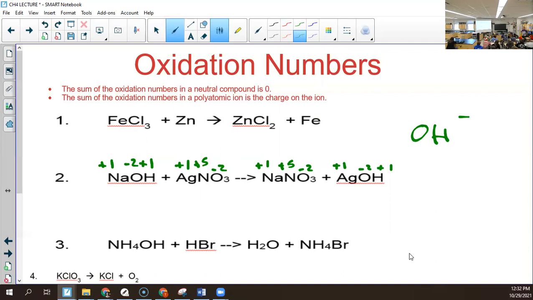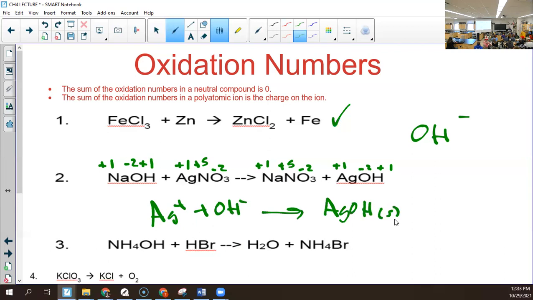Now, is that a dirty trick? Sure. But on the test, you're just going to have a list of reactions, and you got to do all these things. Some of them will be redox reactions. Some of them, none of their charges change. So this is not a redox reaction. It is a net ionic precipitate forming where you have Ag plus OH minus goes to solid AgOH. You don't have to do any oxidation work.